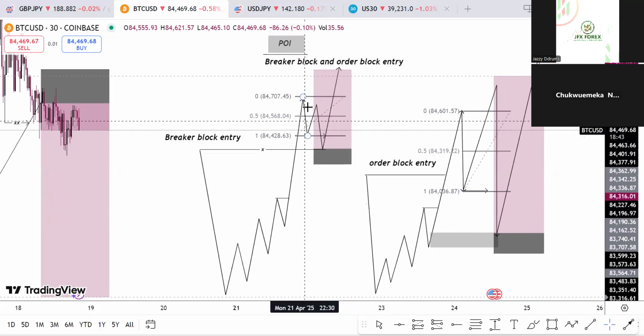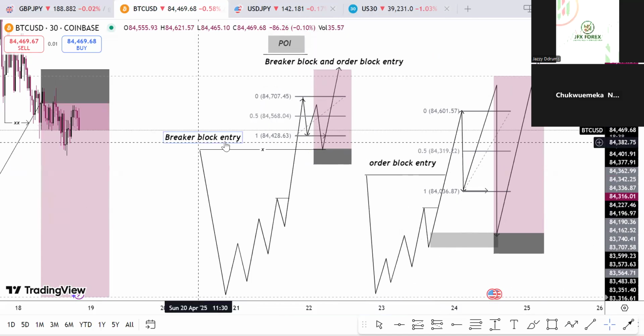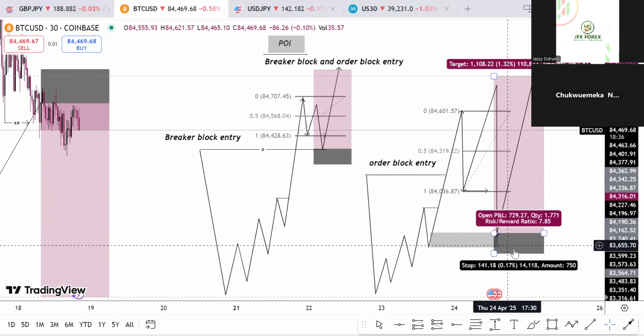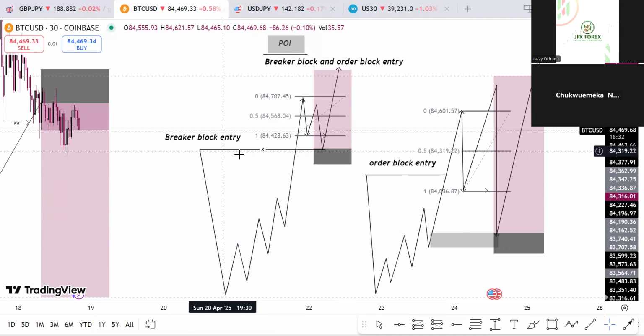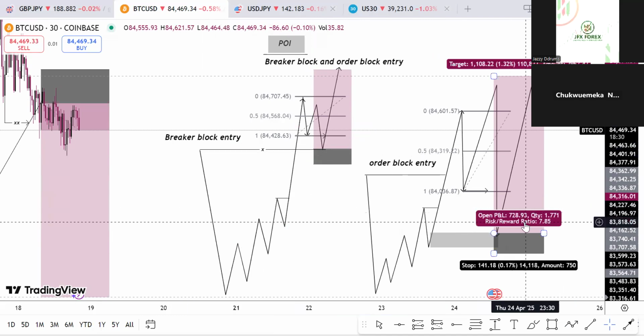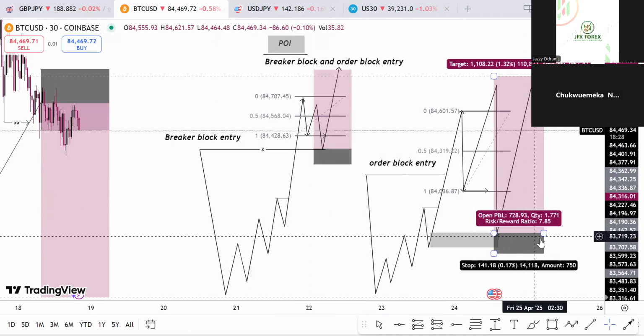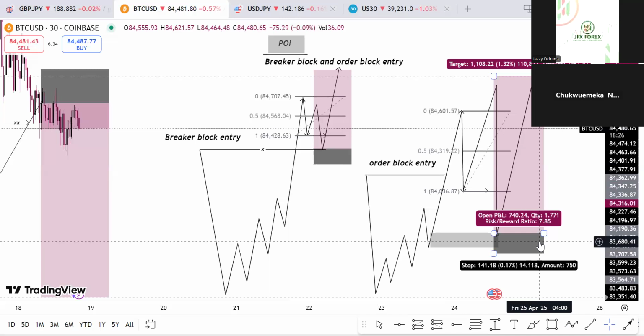So now you understand how to do the measurement and how the breaker block entry and the other block entry work. If the market mitigates this major break of structure, then you'll be using another block. But if the market doesn't mitigate it, then you'll be using a breaker block entry.